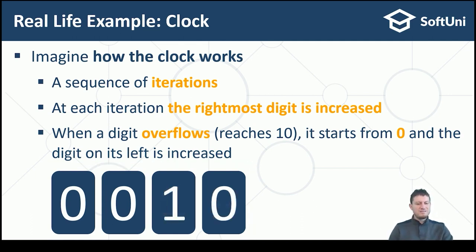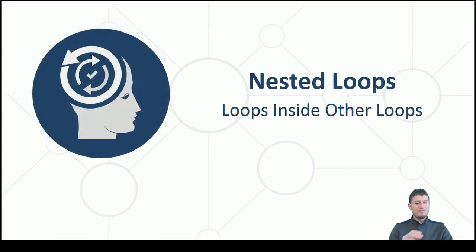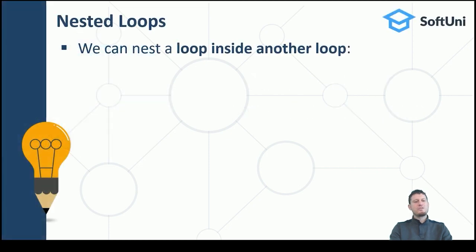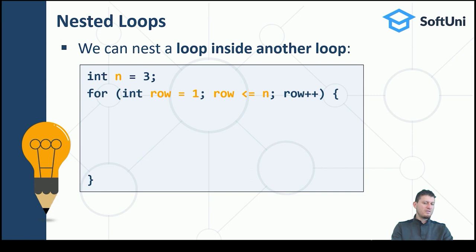Okay? So nested loops by concept are loops staying one inside another. Loop inside a loop. This is a nested loop. Okay? So we can nest loops inside other loops. So if we have something which runs from the first row to row number n, in this situation n is 3, 1 to 3.